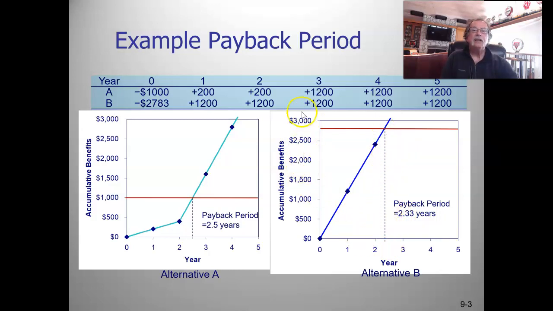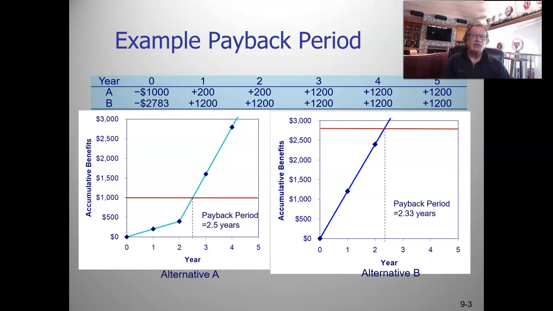Now note that we're using annual numbers, but we're using decimals for the payback period. That is very typical. Payback period is not typically done in whole years, even if the analysis period is in terms of years. And sort of the concept is that you're going to be receiving cash flows throughout the year.